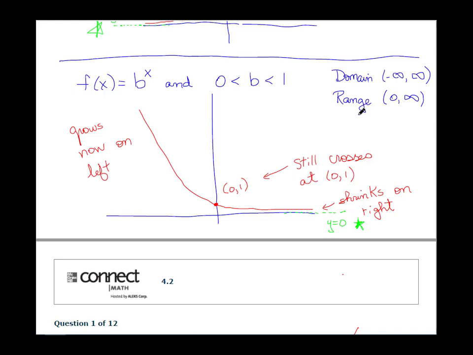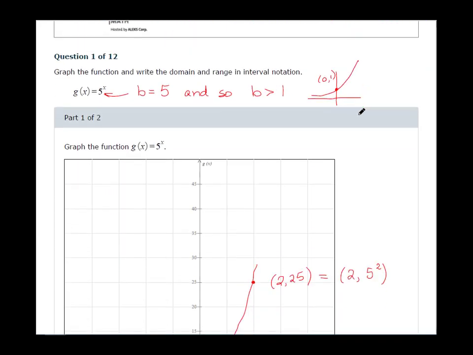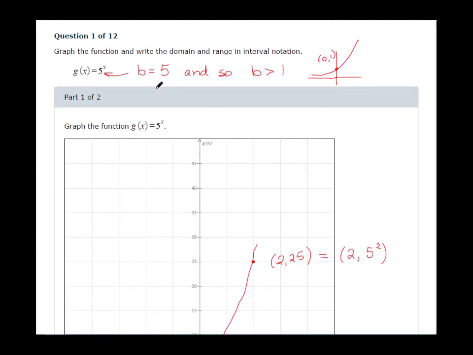Now let's look at the homework now that we know what the graphs look like. So in question 1 we have graph 5 to the x. Well, let's see. b is 5. It's bigger than 1. So I know it's going to have this particular basic shape, crossing at 0, 1.